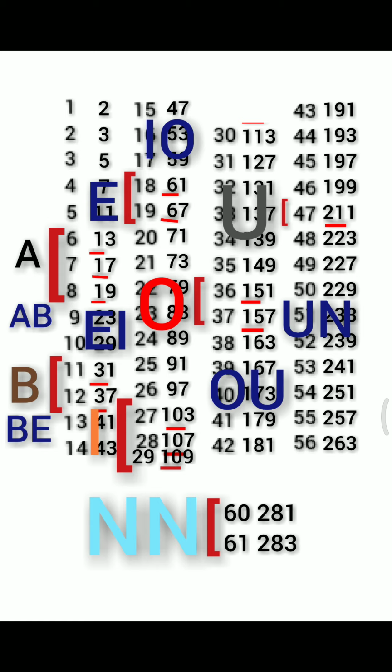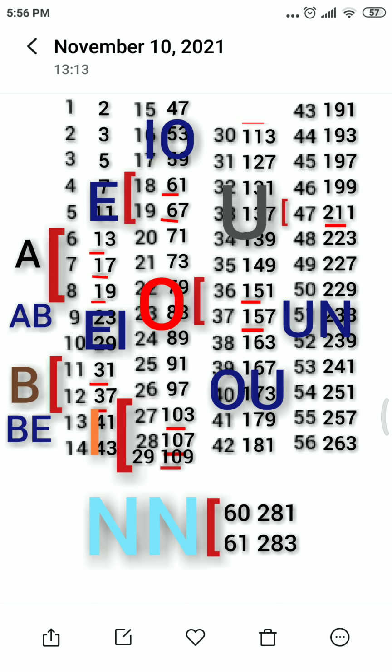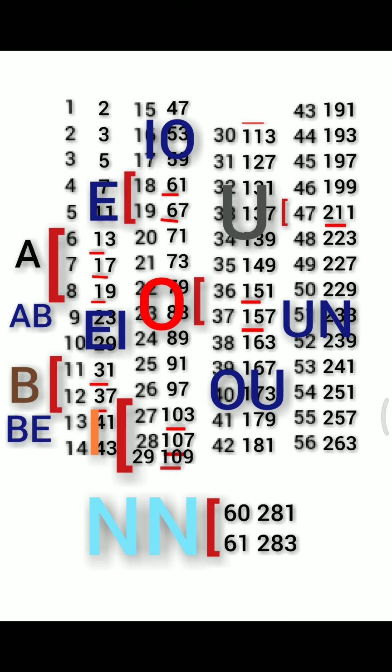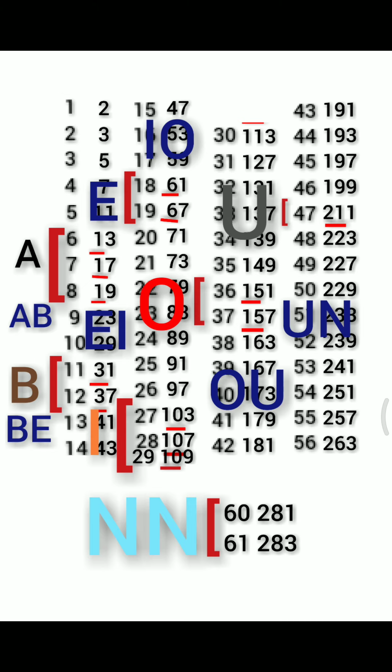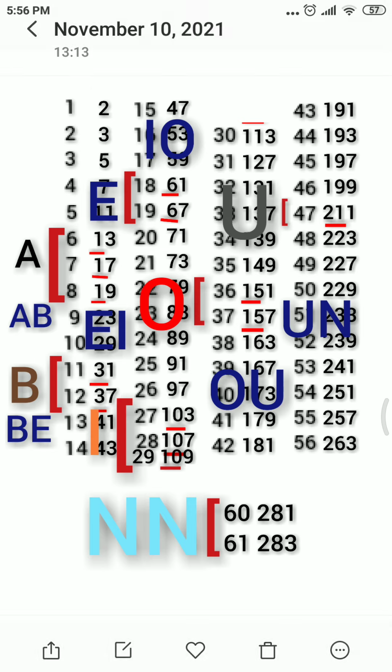Then what comes into the picture is this: you can call this loka EA, this loka EI, this loka EU, EO, like that. You can combine 2 letters and then name these in-between lokas.